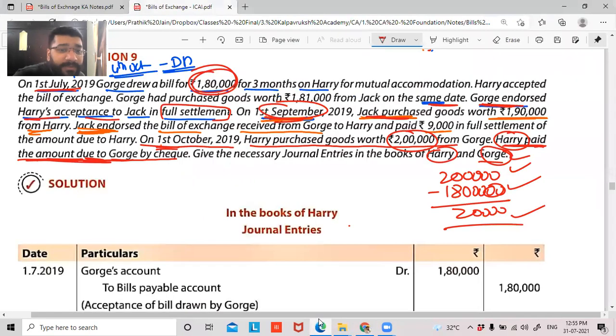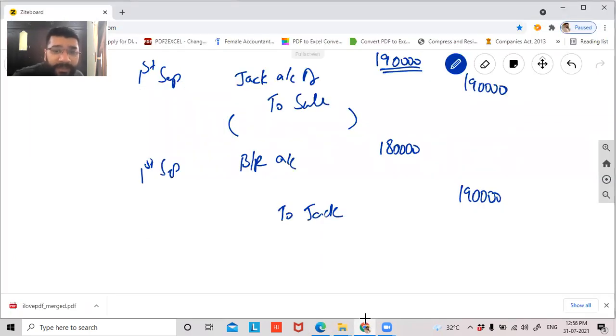And this 9,000 is paid by cash or bank. Jack endorsed a bill of exchange received from Georgie to Harry and paid 9,000 in full settlement. The mode is not mentioned, guys. Can I say cash? Harry will receive this 9,000 rupees in cash, and the remaining 1,000 which is not received is a discount allowed or rebate allowed.